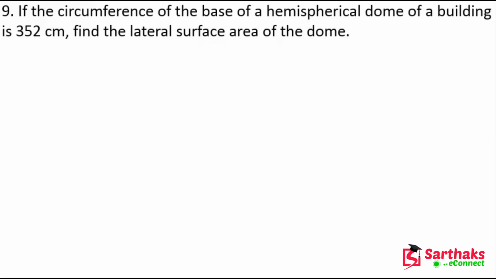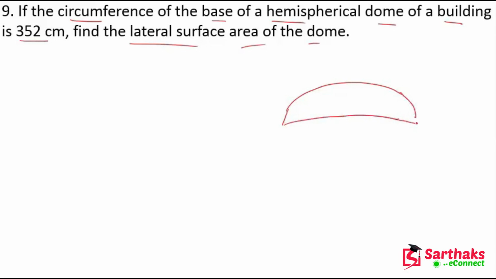Okay, understand my dear friends? Now the next question is, if the circumference of the base of a hemispherical dome of a building is 352 centimeter, we have to find the lateral surface area of the dome. Let's suppose we have a hemisphere like this, and we have the circumference of the base circle.